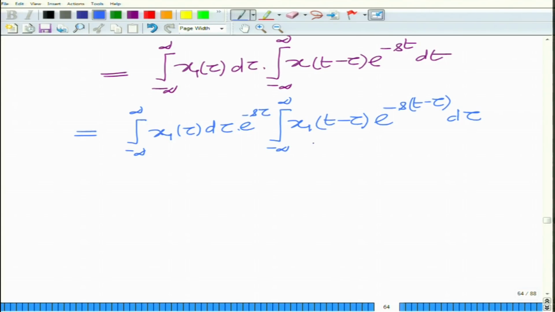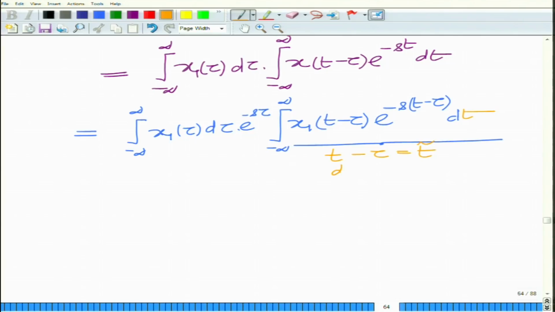Now if I look at this integral, and set t minus tau equals t tilde, then I will have dt equals d t tilde, since this integral is with respect to t.